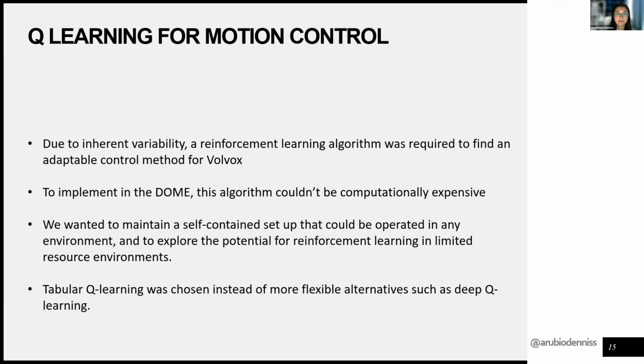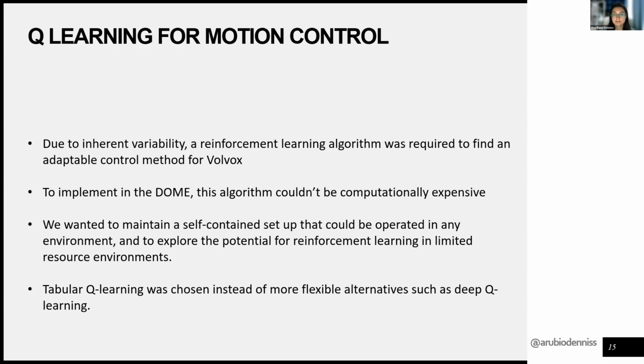So that brought us on to thinking about a good way to develop this further and figure out an optimum way to control these. This is when we brought on our master student Leah Matu, who did some work with reinforcement learning for us to find a more adaptable control method. To implement this within the dome, it couldn't be super computationally expensive, and we also wanted to keep it self-contained.